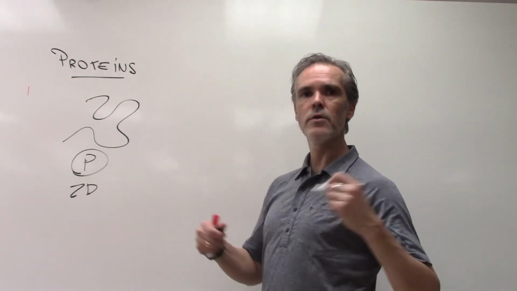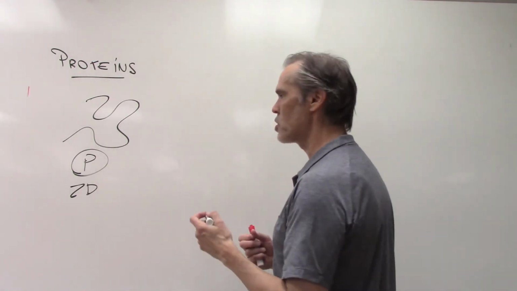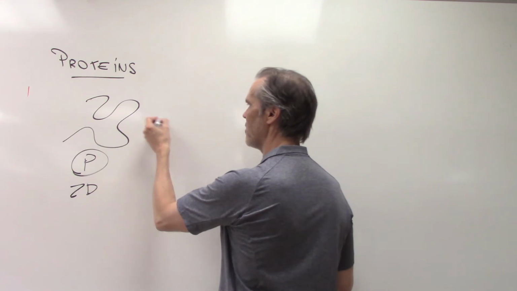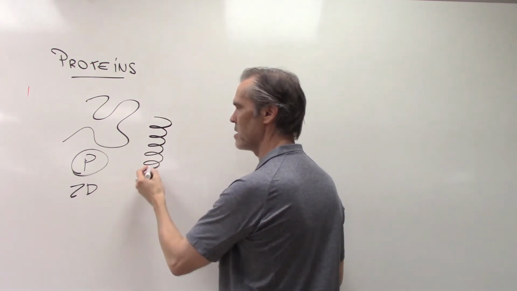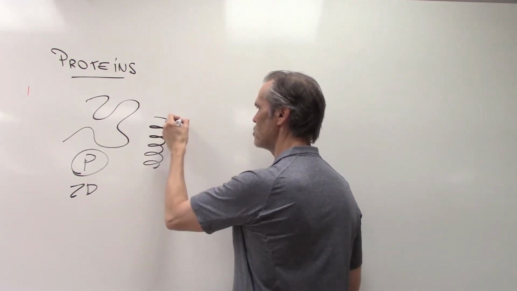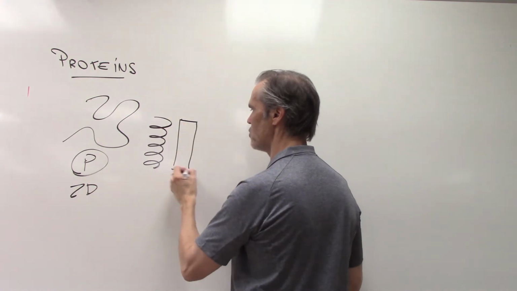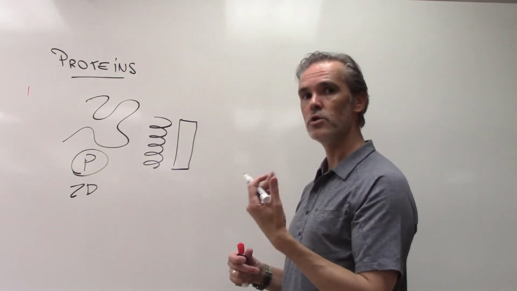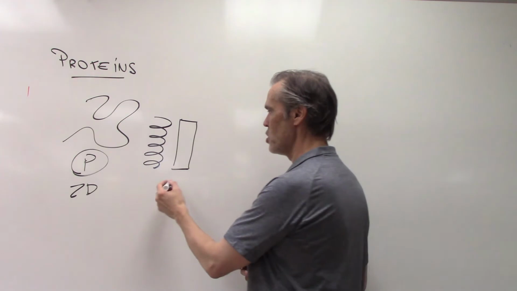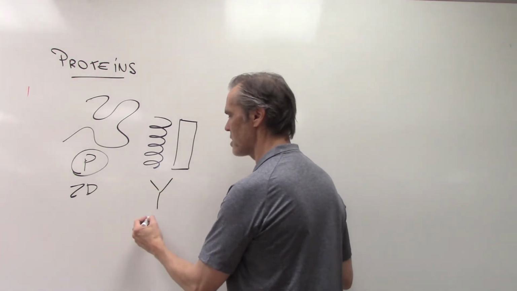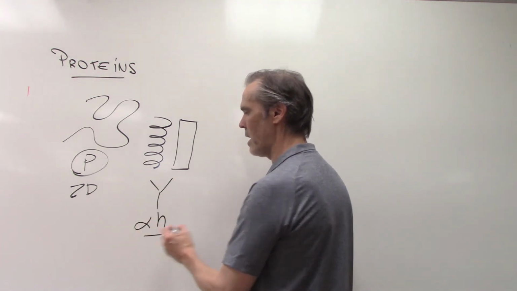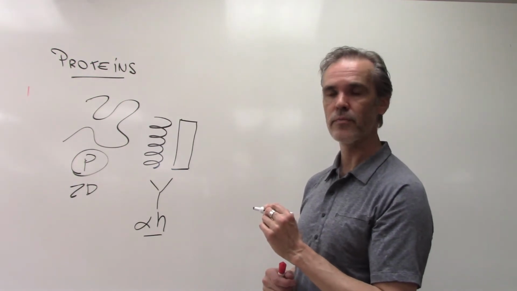Now, here's a bit of nomenclature here. I want to show that whenever we have an alpha helix, we know what an alpha helix is. What I'm going to do now to draw this is I'm going to draw a box like that, right? So whenever you see a box like this, you know that in both cases I was talking about an alpha helix, right?